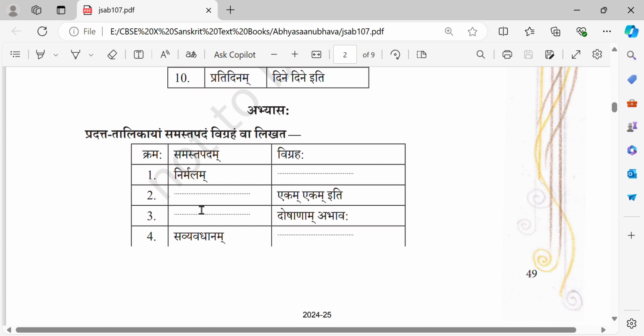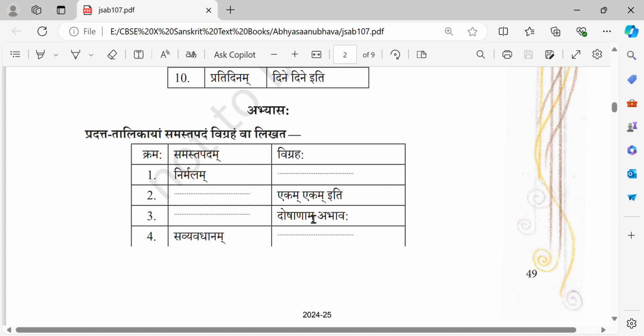Here let us take one example. Nirmalam. They have used the word nir here. Now, malasya abhavaha. Abhavaha you have to write, which I explained now. Malasya abhavaha nirmalam. Ekam ekam. Words are repeated twice. Pratyekam.